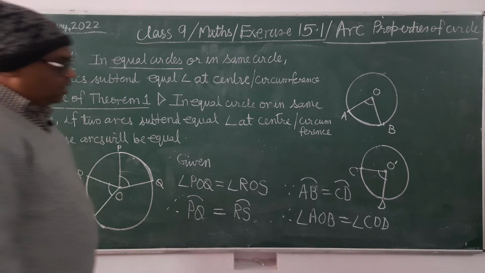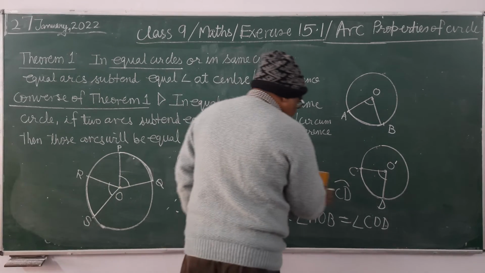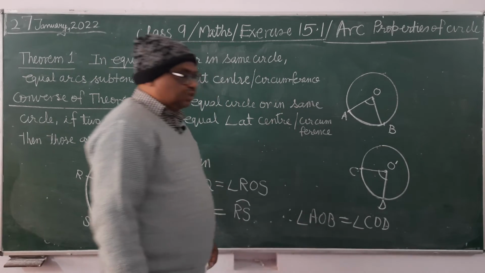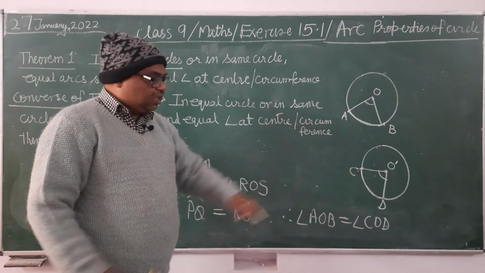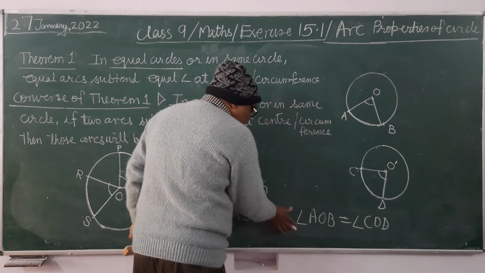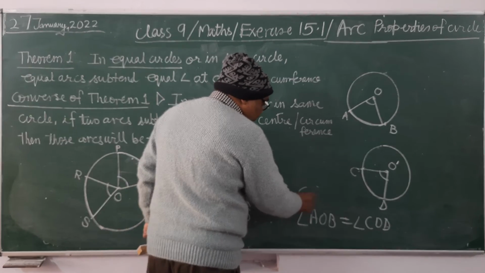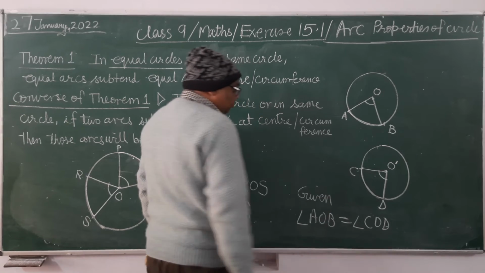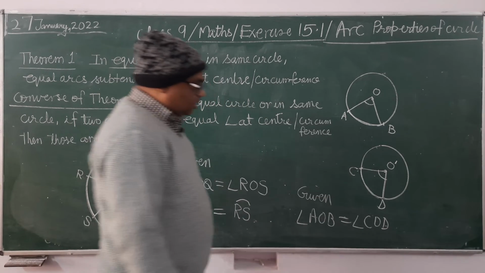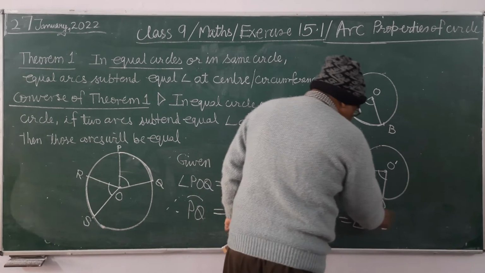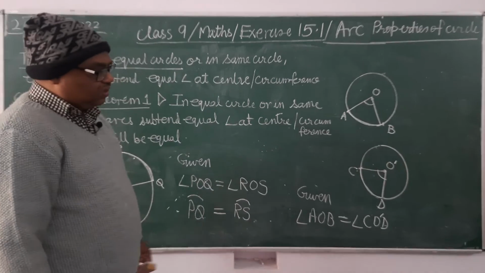Now similarly here, in equal circles, if two arcs subtend equal angles at the center, given, subtending equal angles at the center, this is CO dash D. Is it clear?